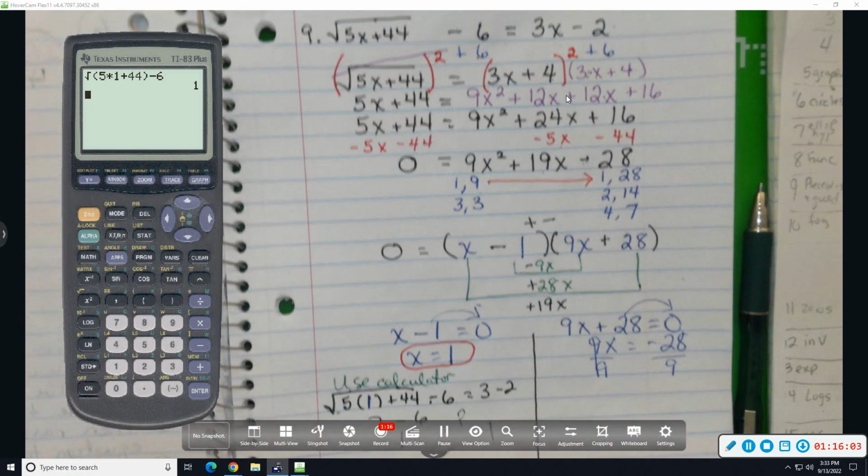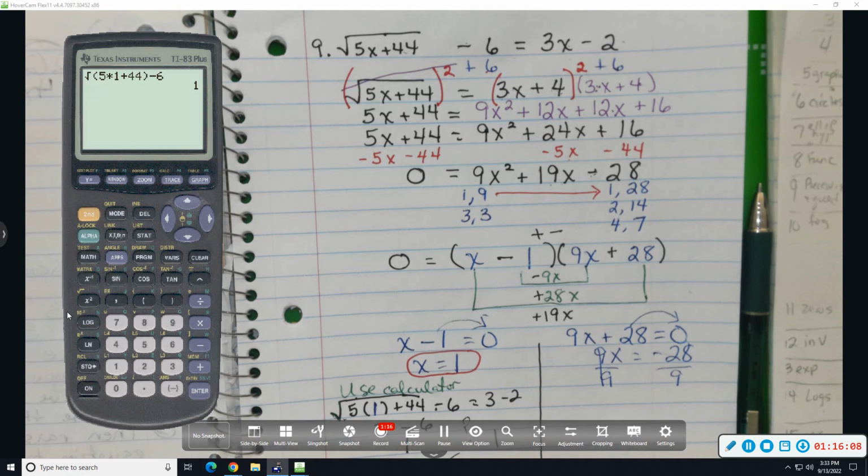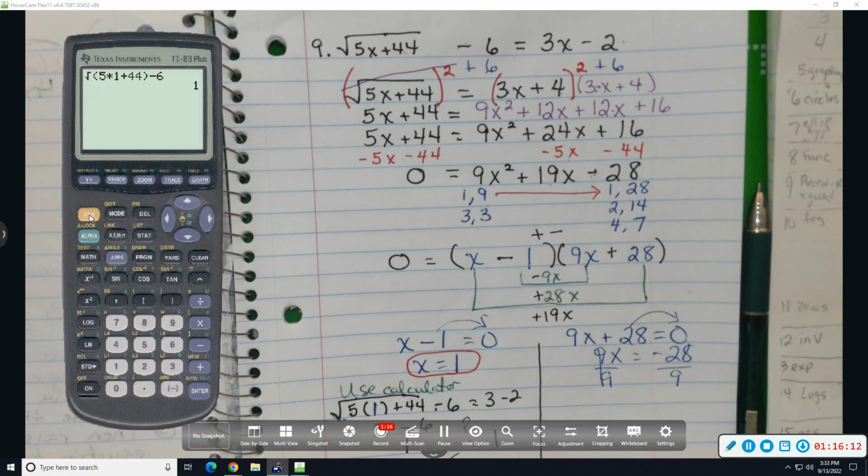That doesn't help. And I was hoping it would give us an imaginary number under there. So I'm just going to punch into this sort of calculator. If you have the TI-84 calculator on your phone, I think it's easier to plug it in there than in here. Okay, the square root of 5, I'm plugging negative 28 over 9 in for x, so I'm going to put it in parentheses. 28 over 9, close parentheses, plus 44.